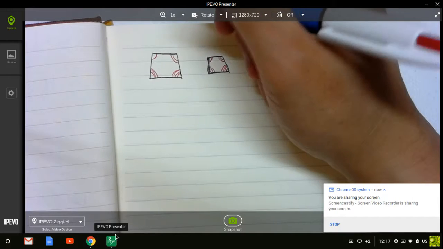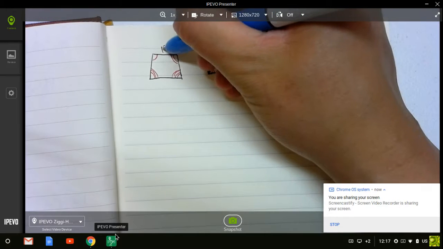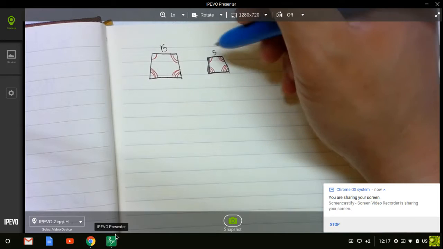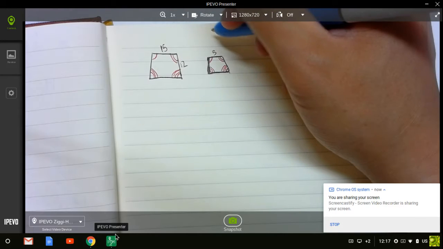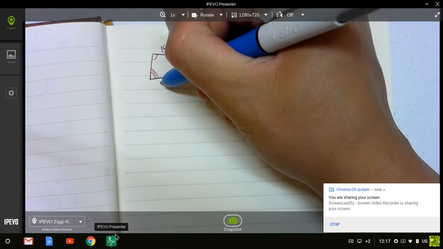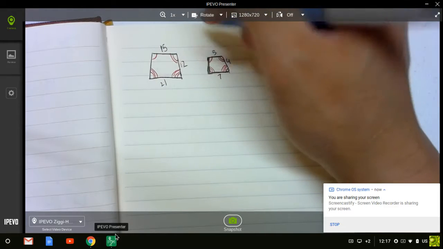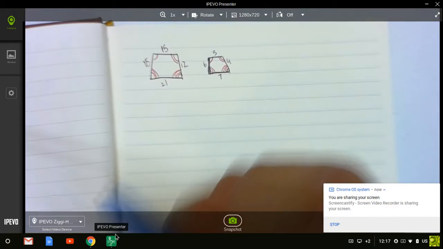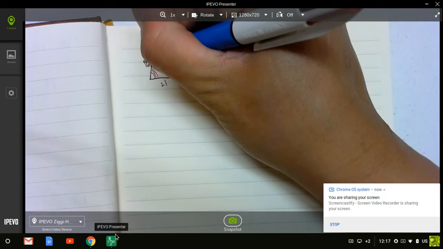And then the side lengths are 15, 5, 12, and 4, 7, 21, and 6, and 18.